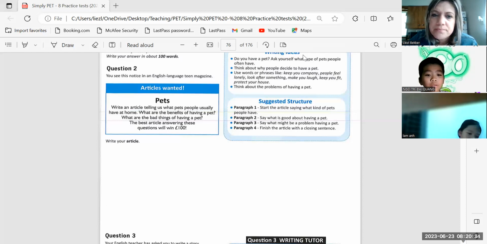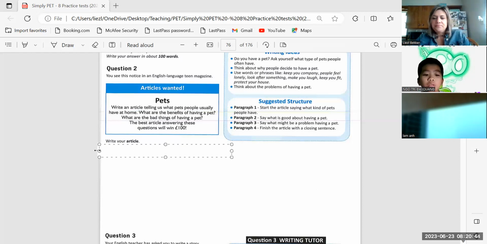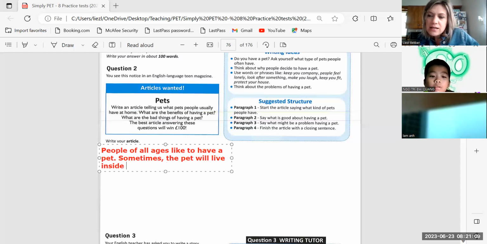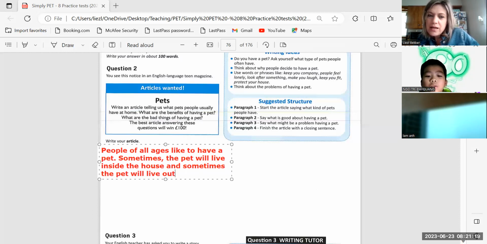People of all ages like to have a pet. Sometimes the pet will live inside the house, and sometimes the pet will live outside.